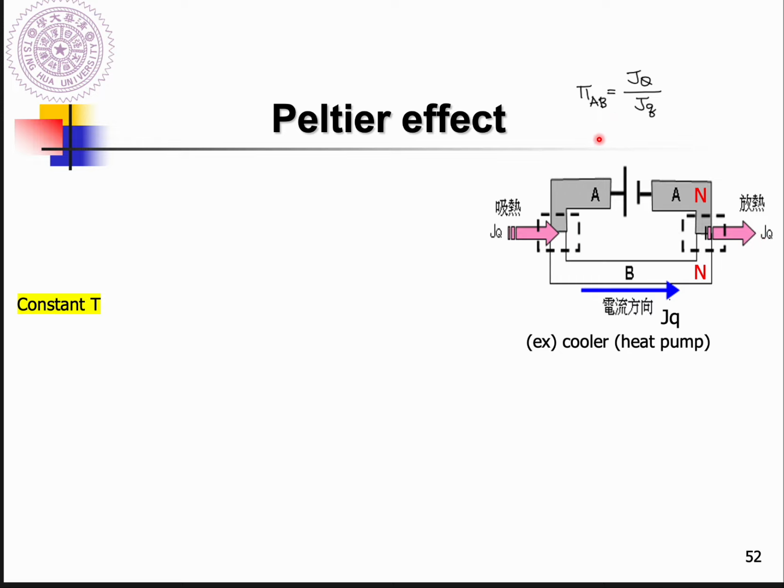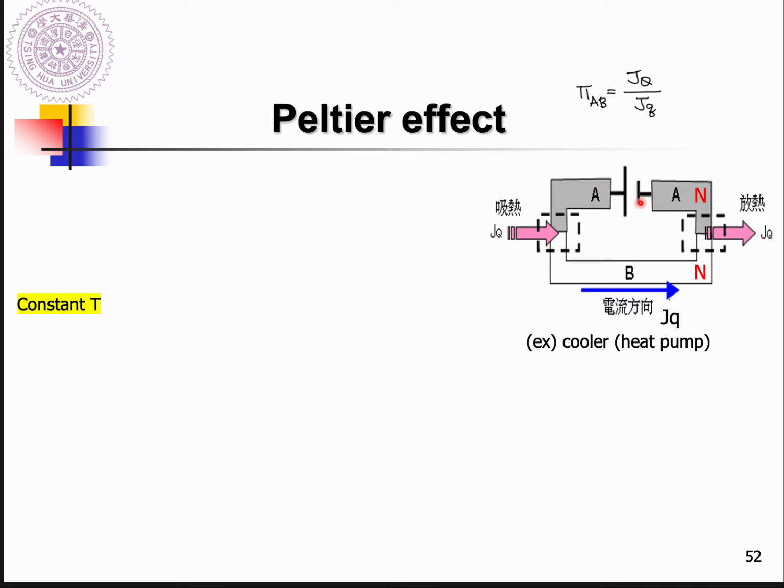This we call the Peltier coefficient. And why did I ask you to label this A and B? It definitely belongs to N-type materials. Let me show you why.